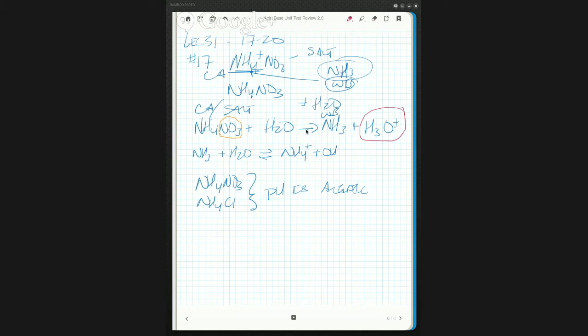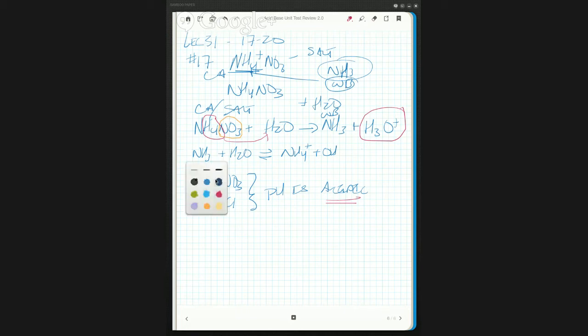The H came off of the NH3. The NH3 just wanted to be NH3. The H came off and got added to the water to make H3O plus, which makes it acidic. So that's what's happening. Ammonium nitrate is the conjugate acid, so it's going to be acidic.